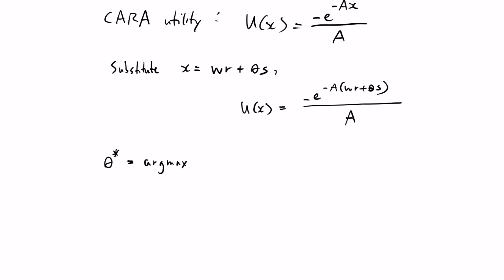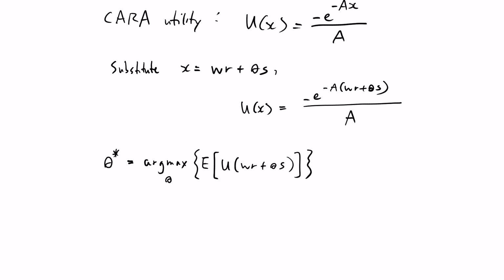Theta star is the theta that maximizes the expected utility of final wealth. This is just mathematical notation, nothing special. So the optimal theta star just maximizes the expected utility.